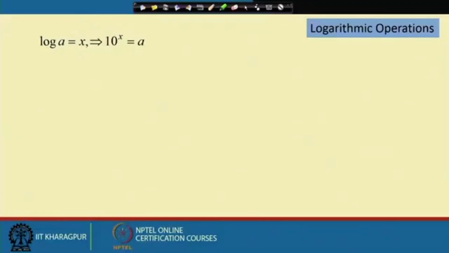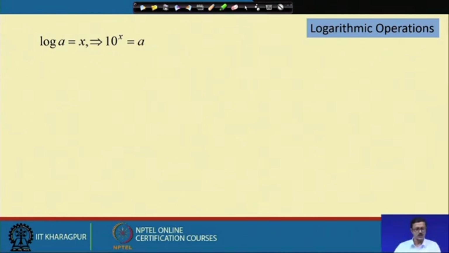In the logarithmic operations, the first one, which you also know, is: if log a is x, then 10 to the power x is equal to a. The next operation we need is that if 2 log terms are added, log a plus log b, it will be log ab.